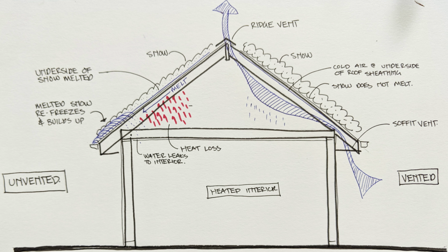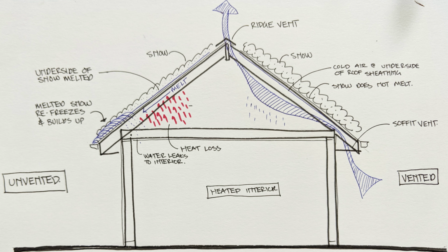But what happens when your house isn't built the right way is the warm air from the heated space goes up through your ceiling, through the penetrations around light fixtures and ductwork and wires and piping, etc. And it warms the underside of the plywood sheathing on your roof, essentially melting that bottom layer of snow that's packed up there. And that bottom layer of snow, once it melts, that water drops down your roof.